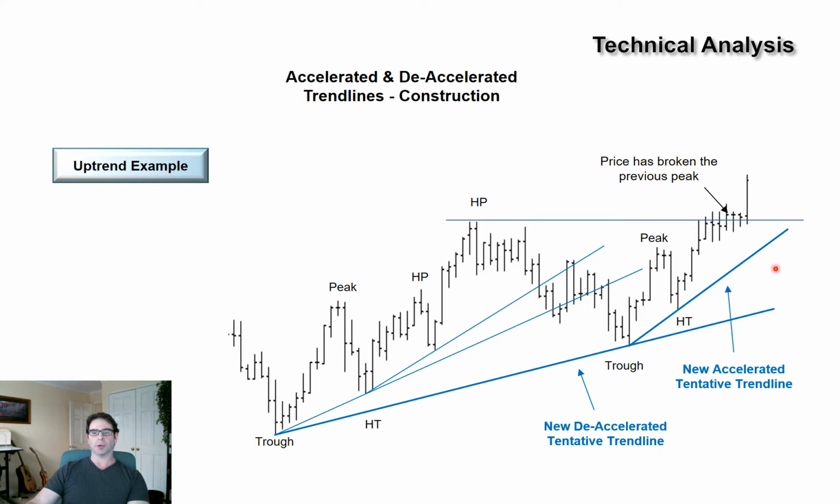So at this point in time, we have the deaccelerated trend line, price has broken through the peak here, and we have a new accelerated trend line, price has broken through the peak. So these are the two valid trend lines now. When I say valid, these are the most current trend lines that we should be acknowledging. We can see these older ones here. Price has cut through these, hasn't respected these, so we could almost disregard these now and work off these two.